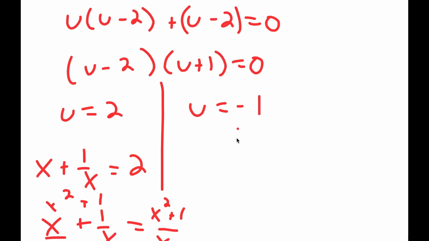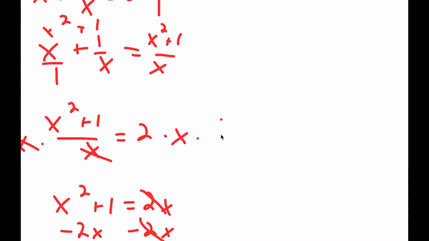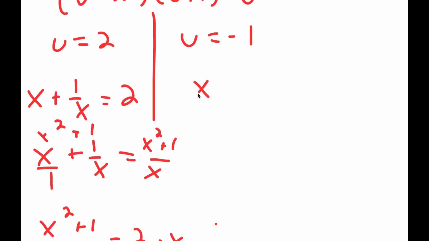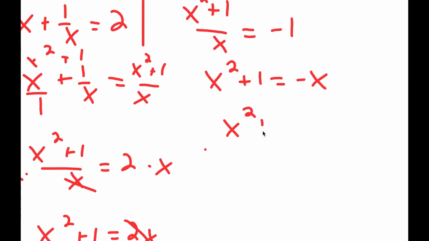So now, for u equals negative 1, we get x squared plus 1 over x is equal to negative 1. This means that x squared plus 1 is equal to negative x, and x squared plus x plus 1 is equal to 0.